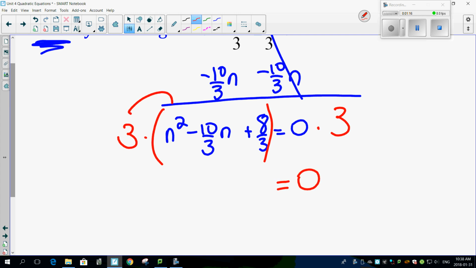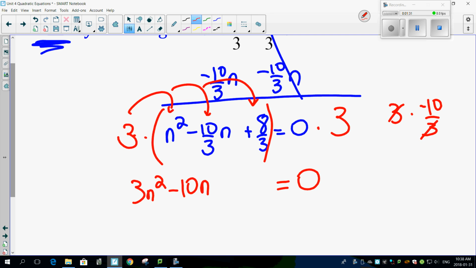And then, check this out. Distributive property, you got 3n squared here, 3 times negative 10/3. Look at this. Those cancel to give you negative 10n. And of course, 3 times 8/3, those again cancel to give you plus 8.